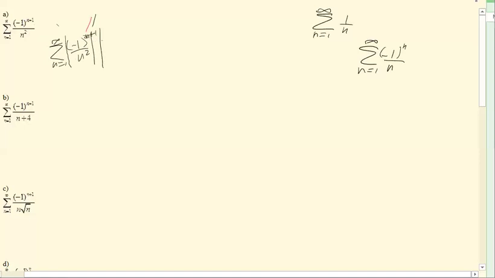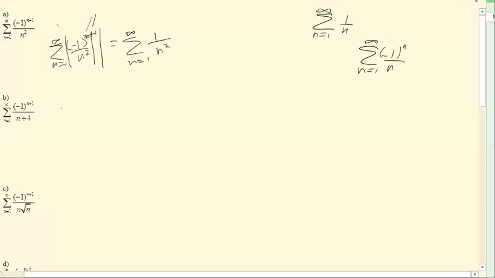And if we took that, that would converge because it's really just this. So that's convergent. There's no question this converges, p series, p equals 2. So this series would be considered absolutely convergent. We wouldn't even have to look at the alternating series test for this because this series converges.